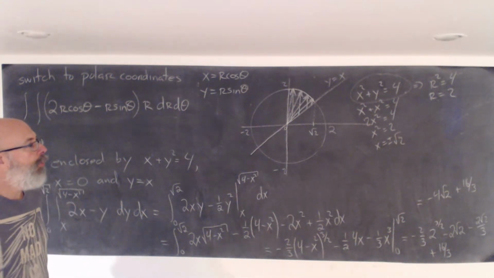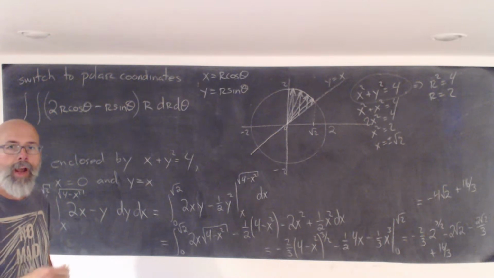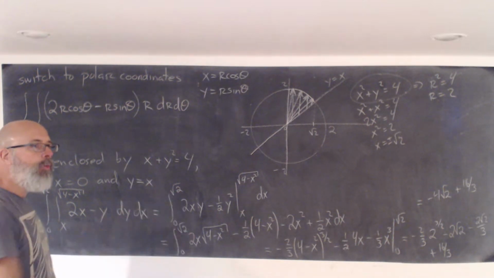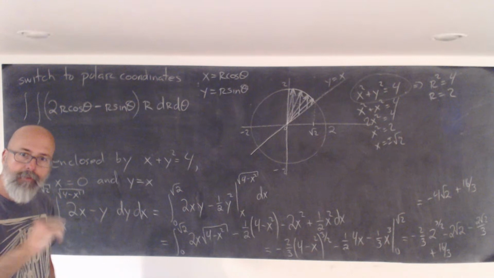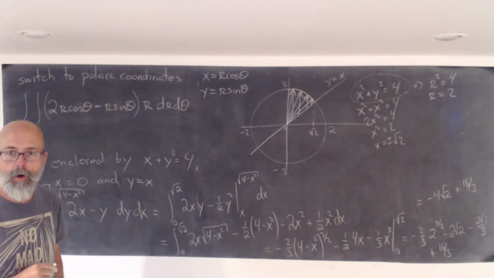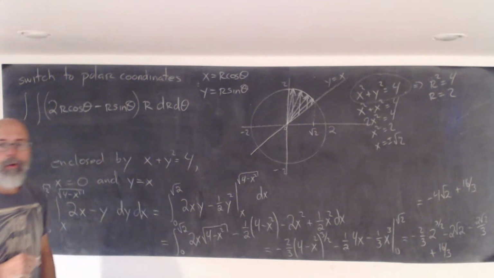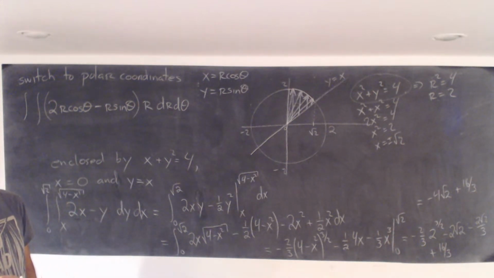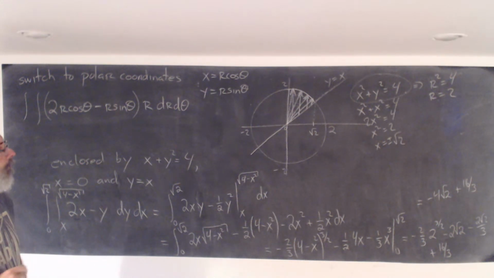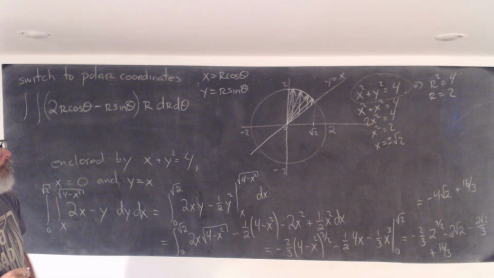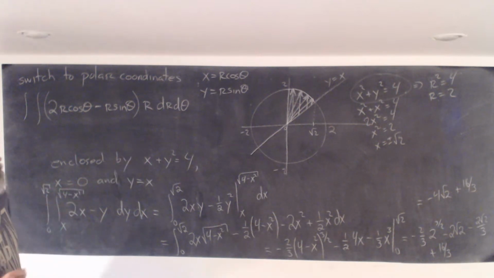And think about how we were graphing. We were graphing r equals a function of theta, never theta equals a function of r. So that's why you almost always integrate with respect to r first.